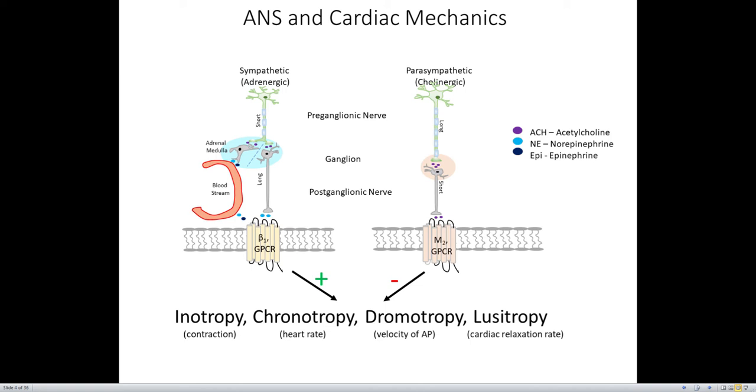And then dromotropy, if we say something has a positive dromotropic effect, it means that we're increasing the velocity at which that action potential generated will be propagated from the SA and AV nodes to the myocardium to actually produce that contraction. And if we talk about lusotropy, so if something is a positive lusotropic drug, that means that it increases the rate at which that cardiac muscle can relax. And we'll talk more about that later.